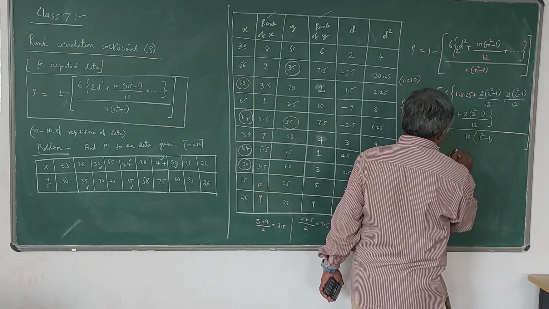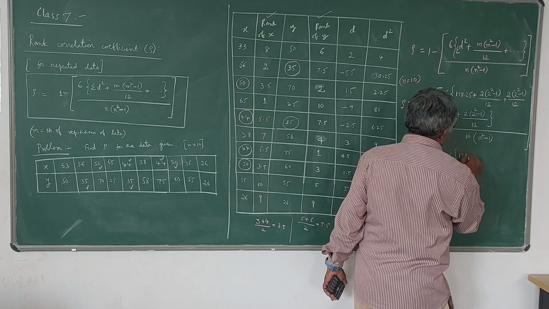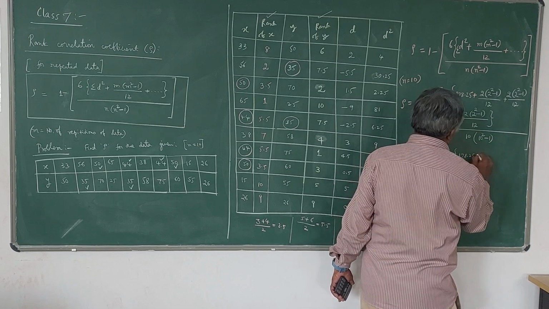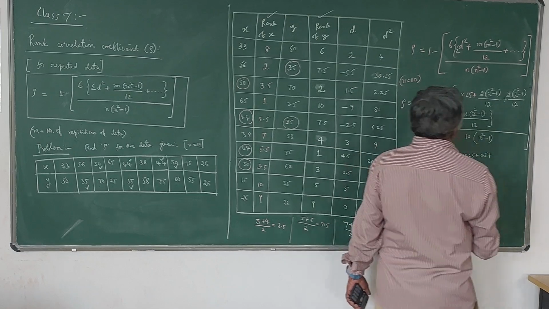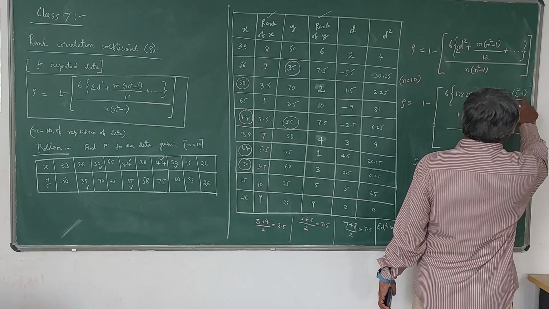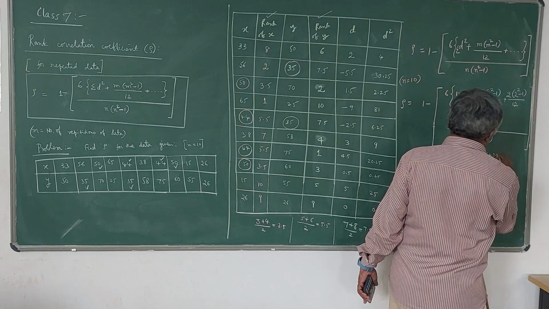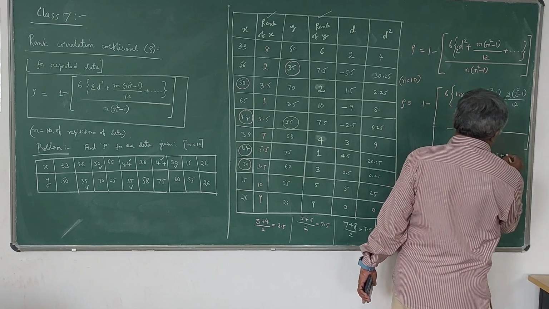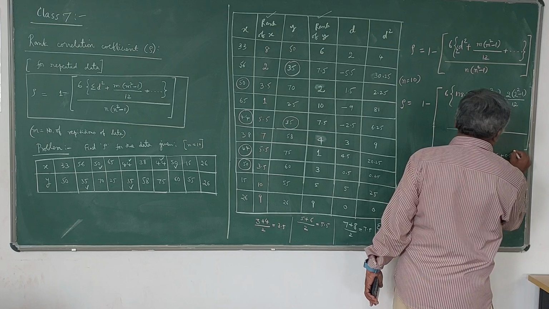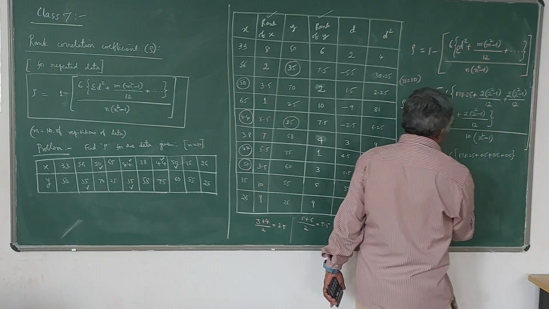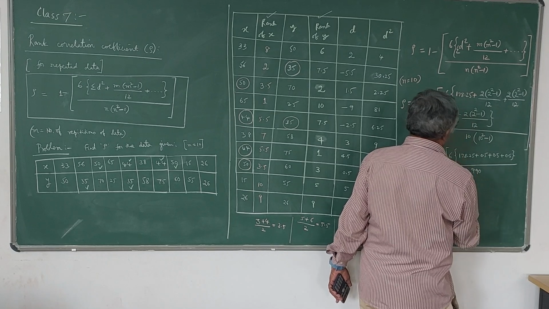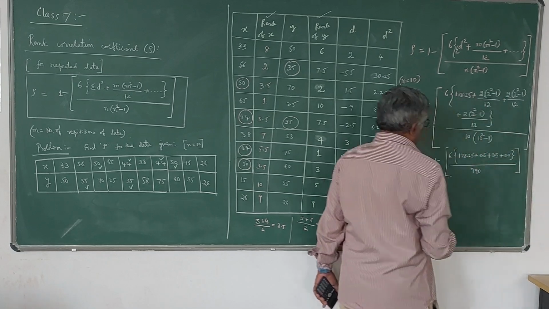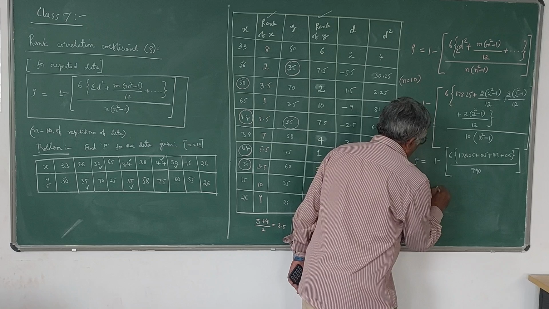I will write like this: 6 into 178.25 plus 0.5, plus 0.5, plus 0.5, because all the terms are the same, divided by 990. 10 into 99 is 990.